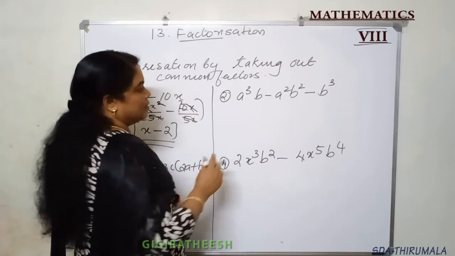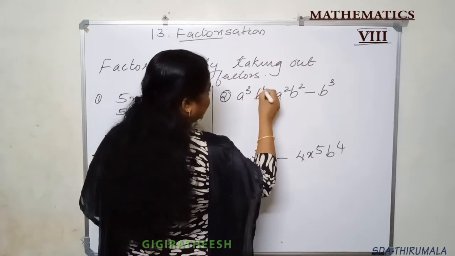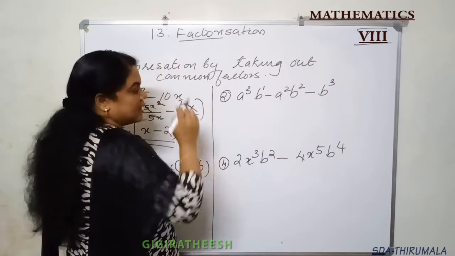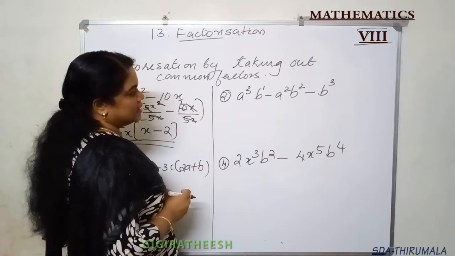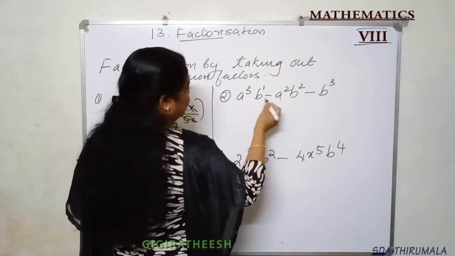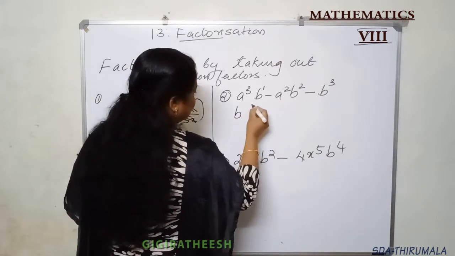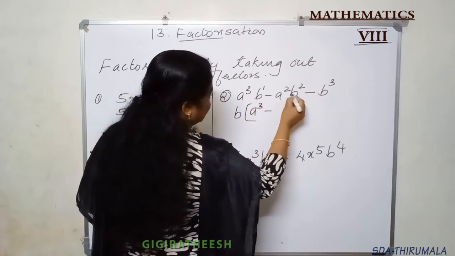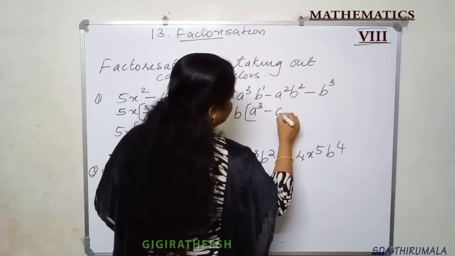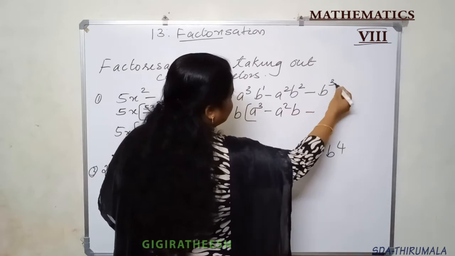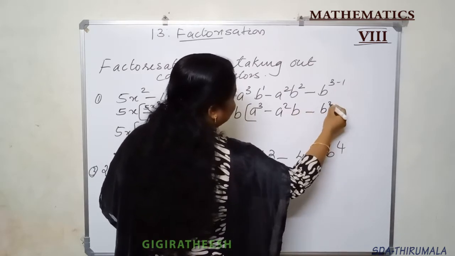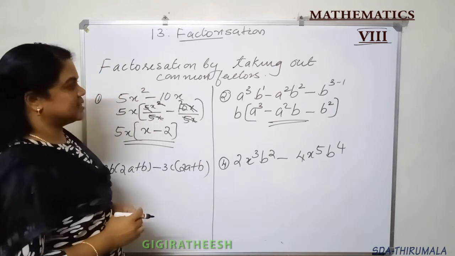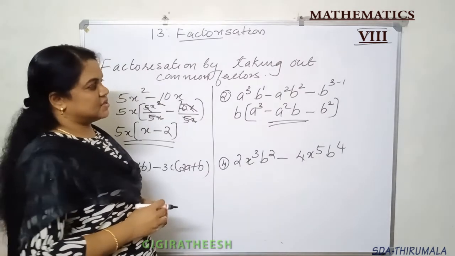Take b outside, and what is left is a cube minus a square b minus b square. These are the factors of a cube b minus a square b square minus b cubed.